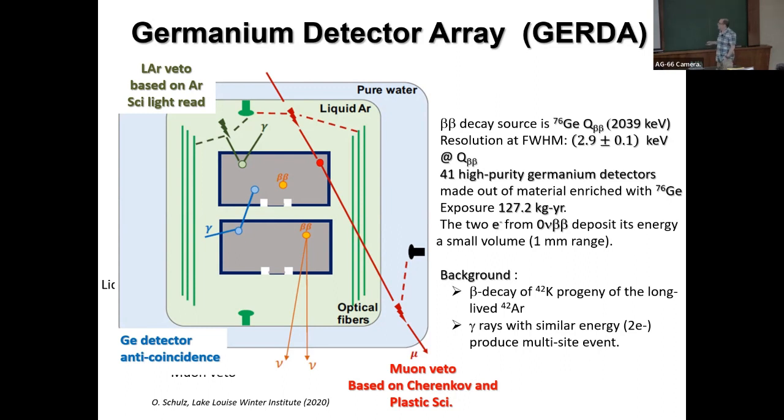Also, an interesting point that I have to mention is that neutrinoless double beta decay should happen in a very reduced volume. So when they have multi-site signatures, they have to reject those. This is a way to reject events that are not related to neutrinoless double beta decay.